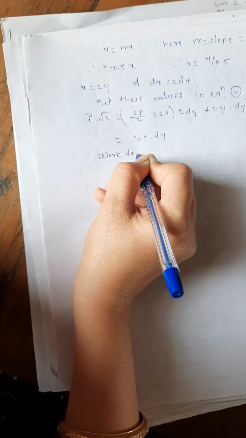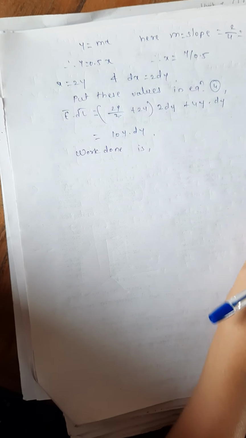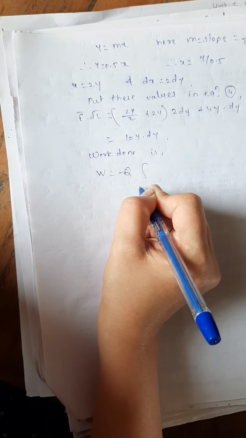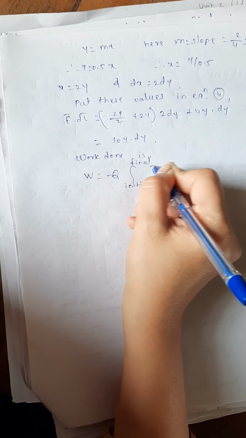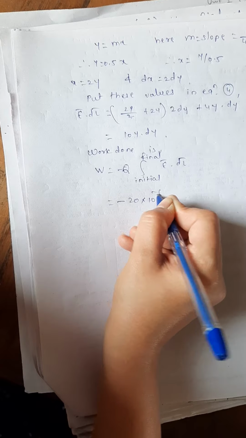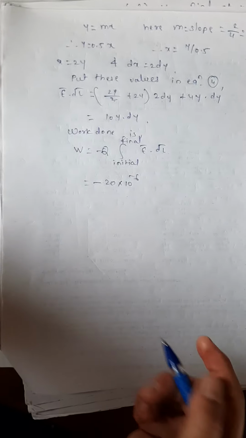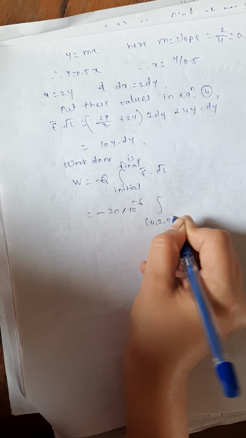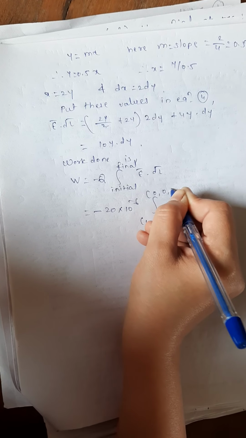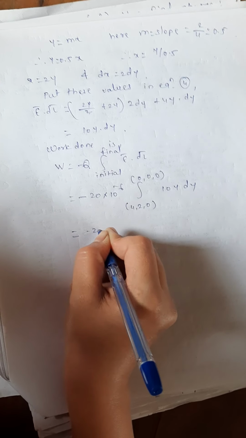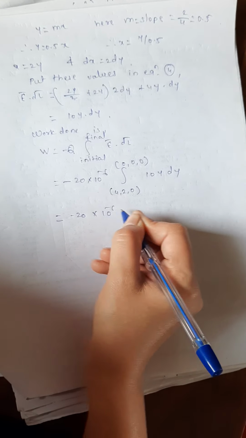So work done W is equal to minus Q integral from initial value to final value of E bar dot dl bar. So it is minus 20 into 10 raised to minus 6, as Q is given as 20 microcoulomb, integration from (4, 2, 0) to (0, 0, 0) of 10y dy.